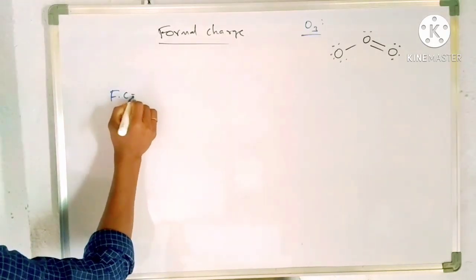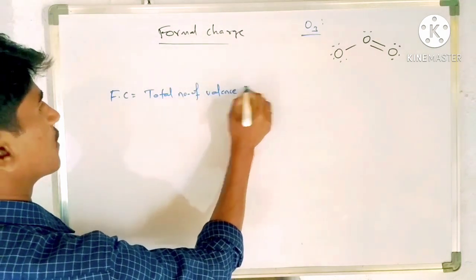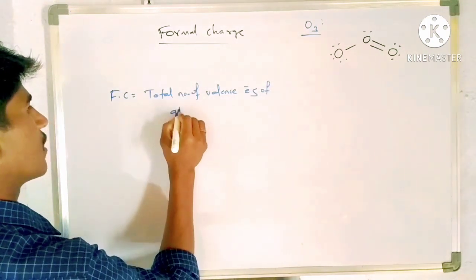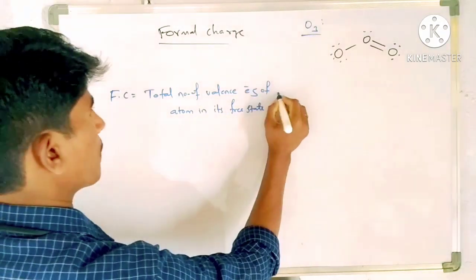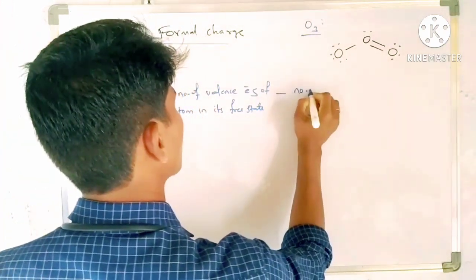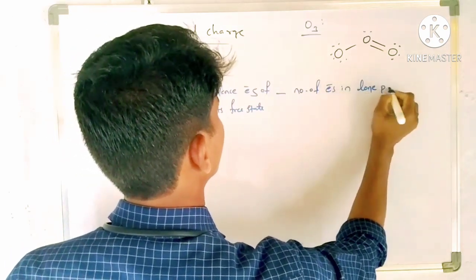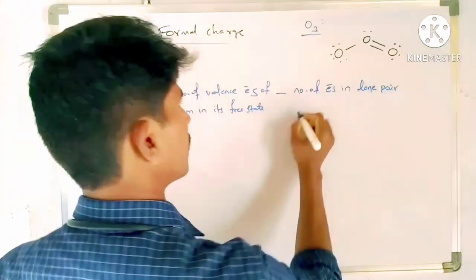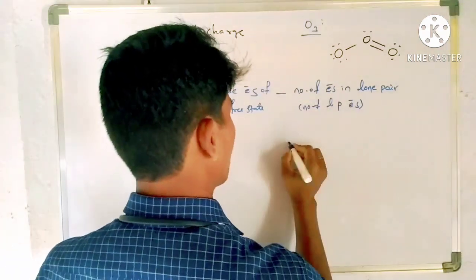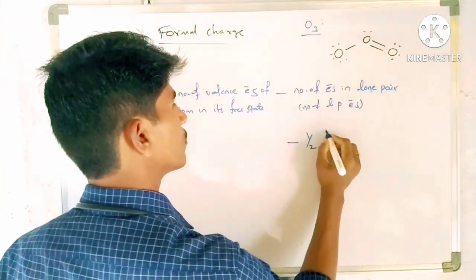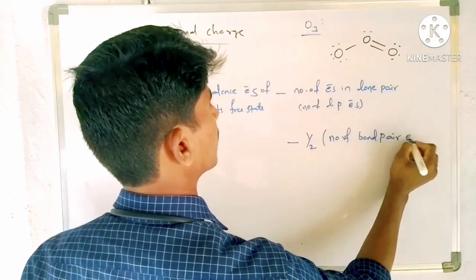Formal charge, FC, is equal to the total number of valence electrons of the atom in its free state, minus the number of lone pair electrons, minus 1 by 2 of the number of bond pair electrons.